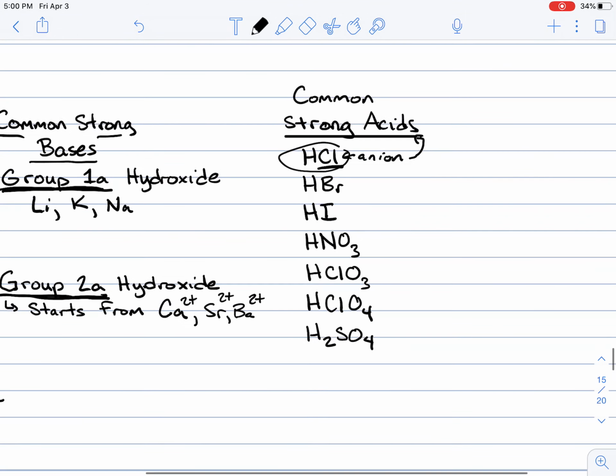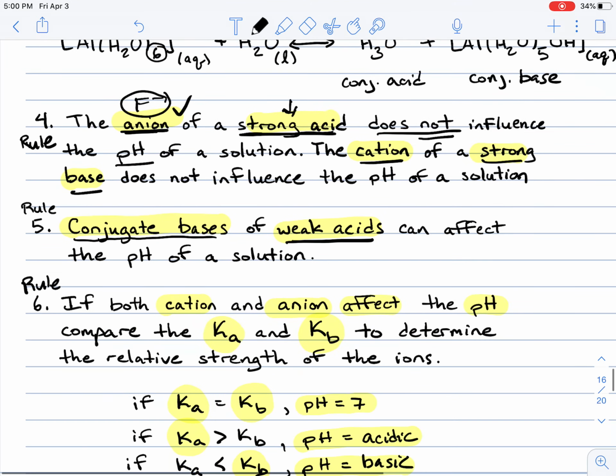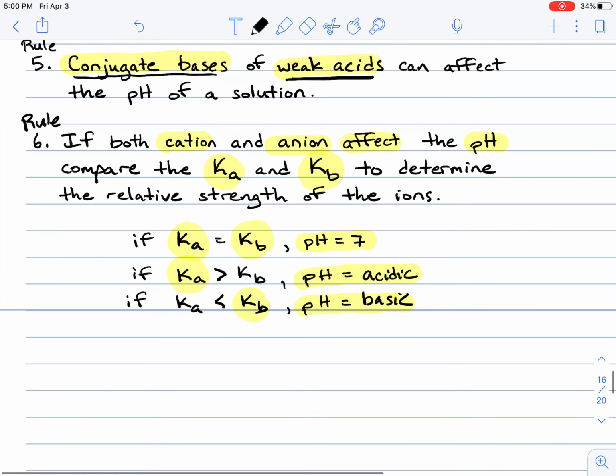So if I scroll up, notice that F- is not found in the list of common strong acids. And so therefore, it fails to fulfill the second part of that brief. So we cannot use rule 4 to make any type of conclusion. So let's look at rule number 5.